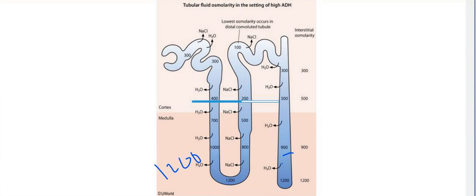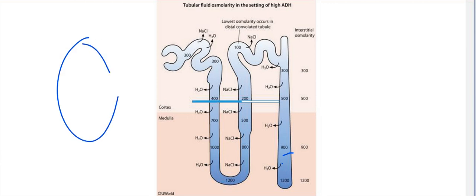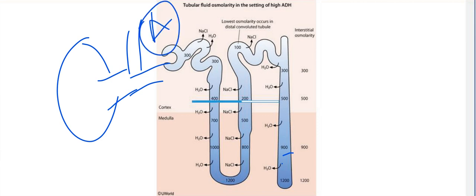Another concept I want to tell you: if this is the kidney and there is the renal artery, that renal artery divides and redivides to form interlobar and ultimately interlobular arteries, and that interlobular artery ultimately forms the afferent and efferent arterioles. From the afferent and efferent arterioles, all of the urea is filtered and enters here.